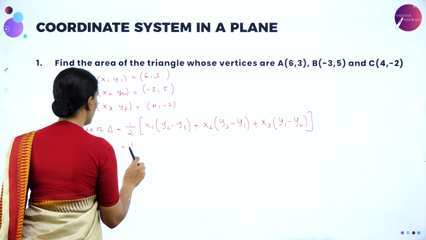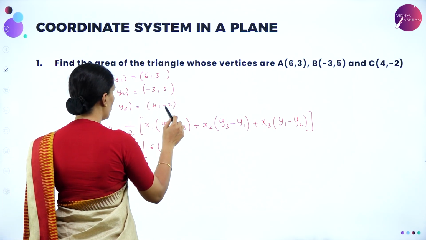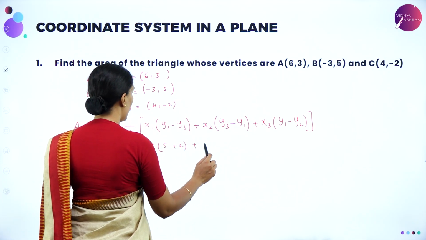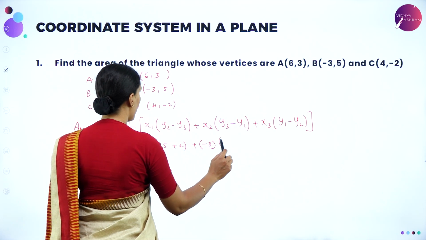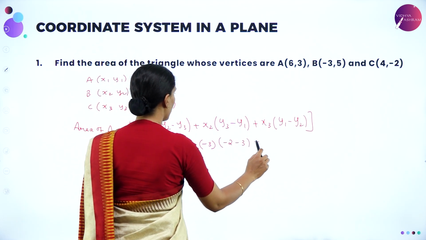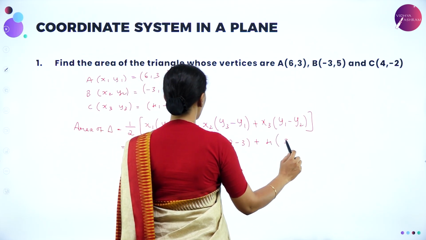So now this is equal to half into x1 is 6, y2 minus y3 is 5 minus of minus 2, which becomes plus 2. x2 is minus 3, y3 is minus 2, y1 is 3. x3 is 4, y1 is 3 and y2 is 5.